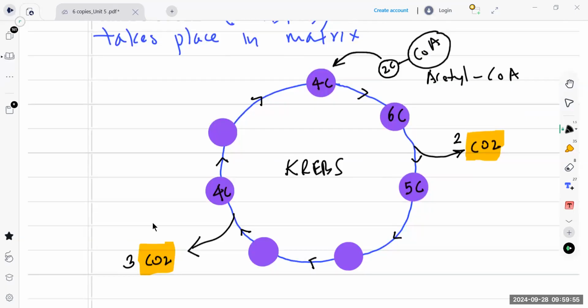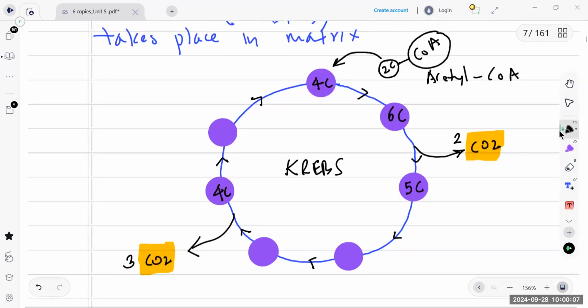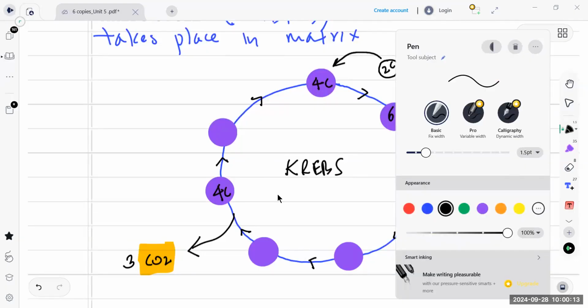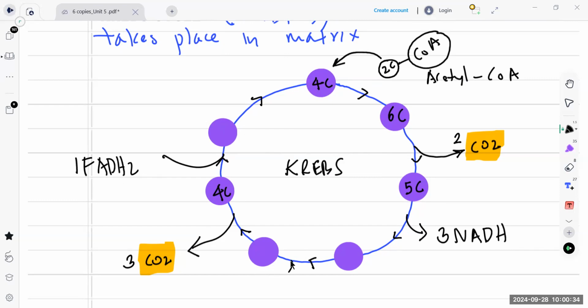And the cycle continues. We are not going to learn everything in the cycle, only a few things. When this cycle continues, it produces 3 things. What are they? The energy released from this cycle forms, at different levels, 3 NADH molecules, 1 FADH2 molecule, and 1 ATP molecule.